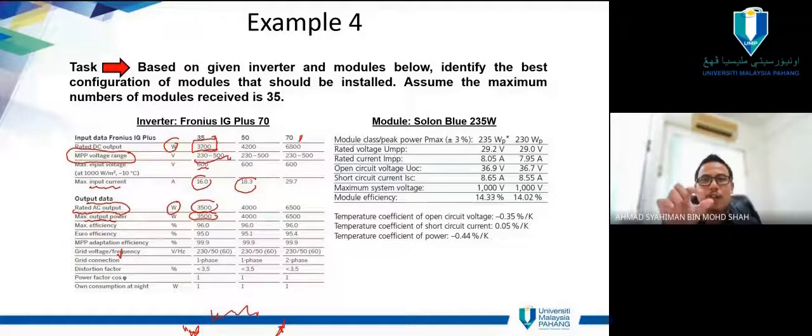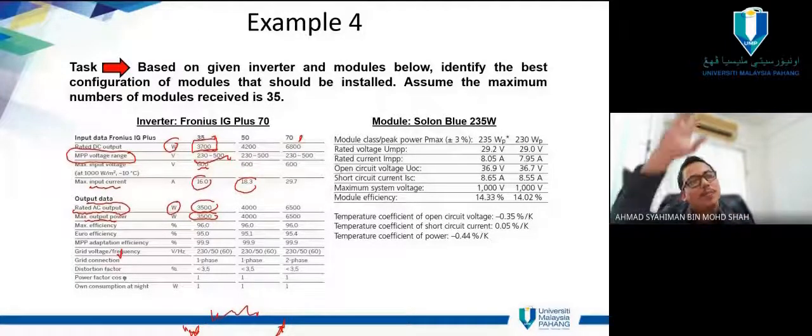Please look for the AC one. Rated AC, this is what will be exported. Maksimum tu, rated tu dieksport ke TNB, this is the size. DC, for example, even if it is 3,700, it can go until 4,500.